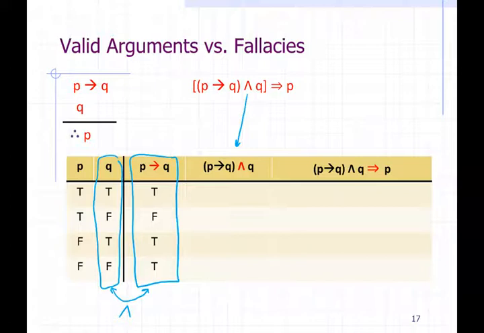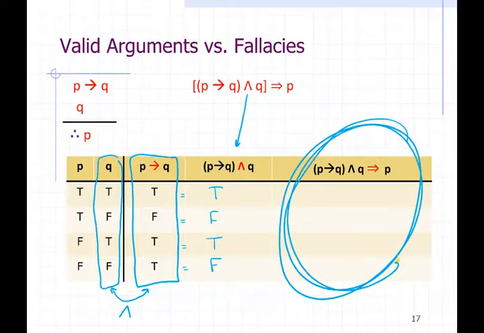So the only time a conjunction is true is if both statements are true. So true and true equals true, false and false equals false, true and true equals true, and false and true equals false. Okay, so again, this is the final answer over here. So this is our sort of scrap work on the way to coming up with the overall final truth values of the entire statement.